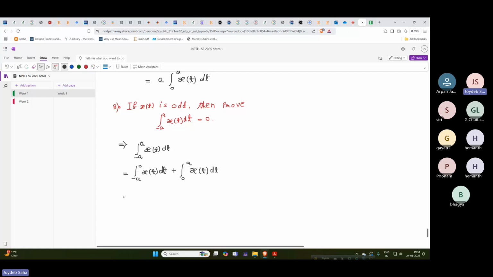Now if x(t) is odd, what does it indicate? x of minus t is equal to minus of x of t, as x(t) is odd.